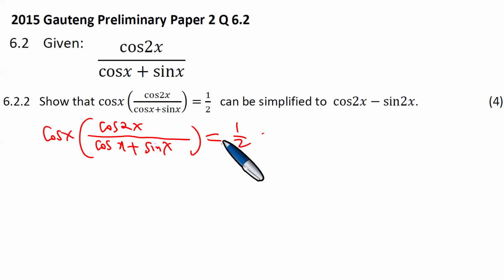Show that this equals 1/2 can be simplified to this. So this is a very interesting one. Try this one now and let me know when you're done.